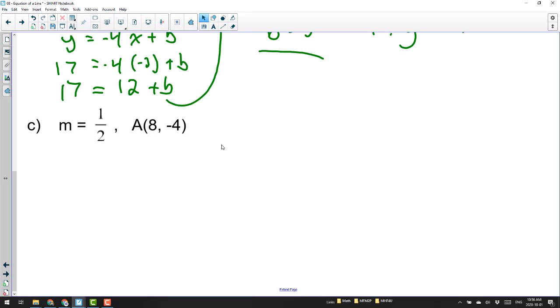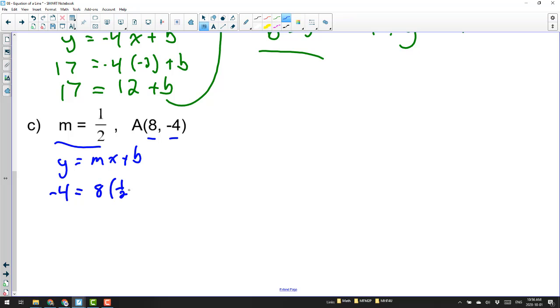So m is 1/2, and we have the point (8, -4). Y equals mx plus b. I have my m, I have my x, I have my y. So I'm going to plug all that in. So -4 is equal to 8 times 1/2 plus b.